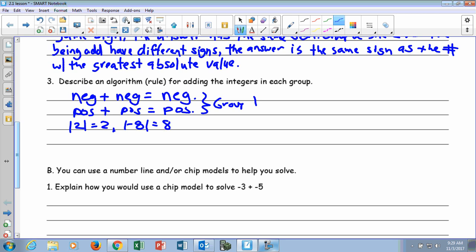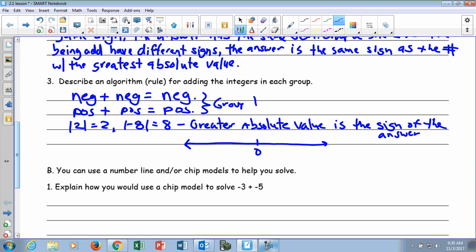So again, the greater absolute value is the sign of the answer. In that first case, since the negative was more units away from 0 than the positive number, your answer becomes negative. Okay?